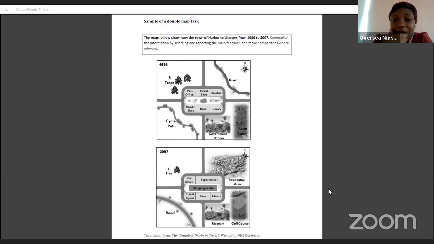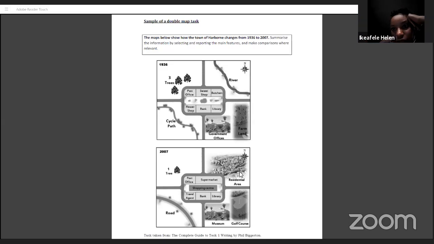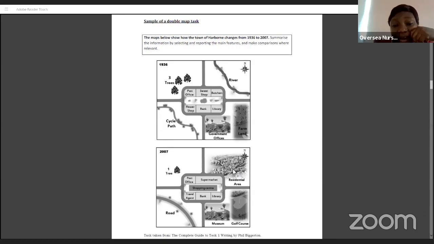Abby, I can say overall, what about the northeast side? Overall, there have been significant changes in the northeast as there are now more residential areas. Can't you see? It was river before. Now there are more residential areas. More buildings have been erected.